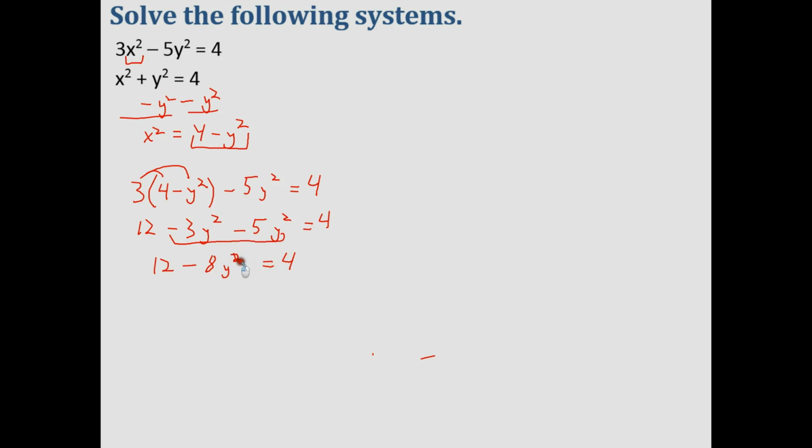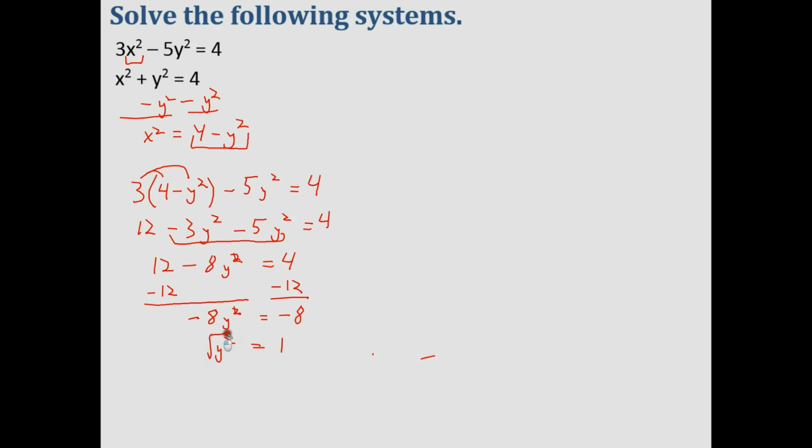We don't need to complete the square or factor. We can subtract 12 from both sides. I'm saying that because we don't have the linear term. We don't just have a y to the first in here. Negative 8y squared equals negative 8. And divide by negative 8, we get y squared equals 1. So dividing both sides by negative 8.